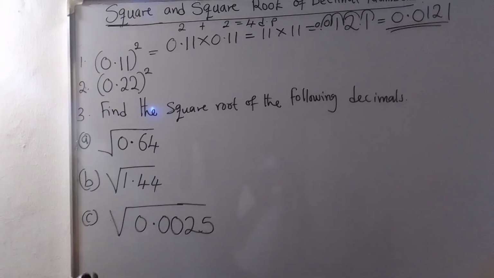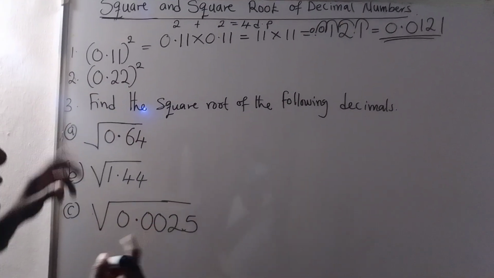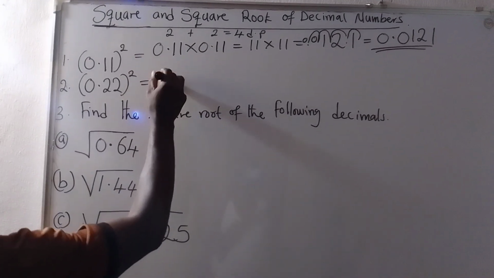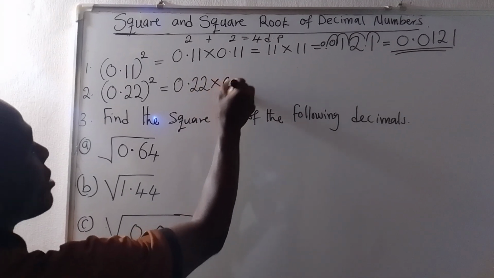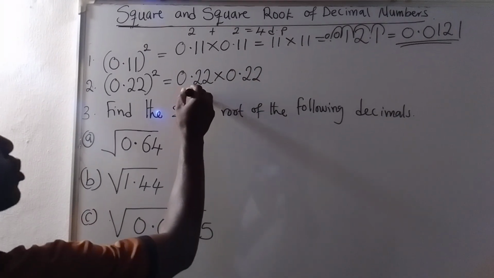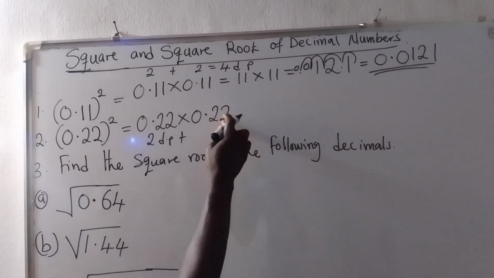Now number 2 says the square of 0.22. Just like I said before, this square means we should multiply it twice. This multiplied by 0.22. Okay, 2 decimal places here plus this one, 2 from your right hand side, 1, 2.